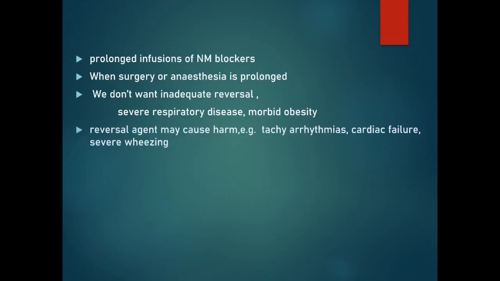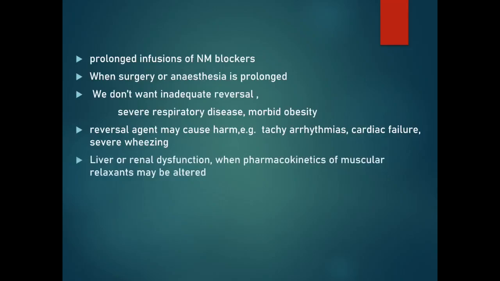Whenever there is a harm, maybe because of the reversal agent. For example, the patient may be having a pre-op tachyarrhythmia, they may be in cardiac failure, or have severe wheezing, where you don't want an excess of the drug being administered.